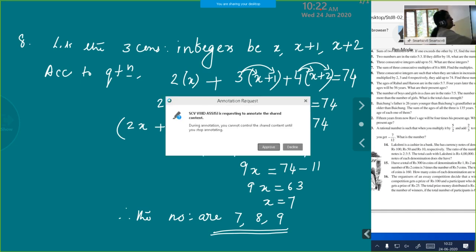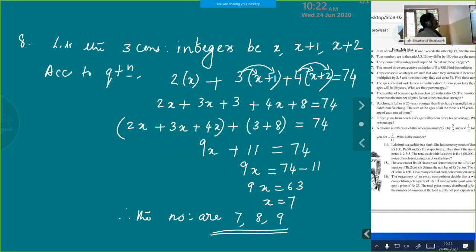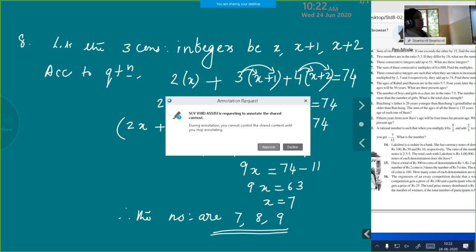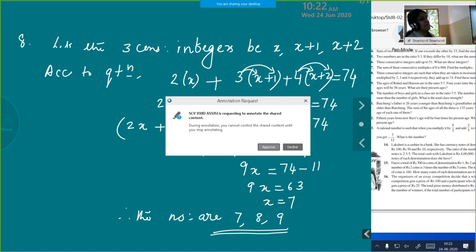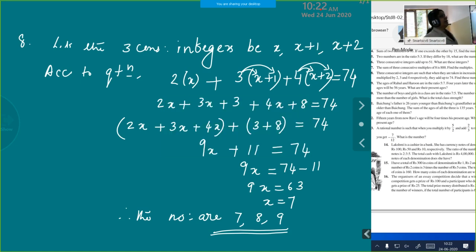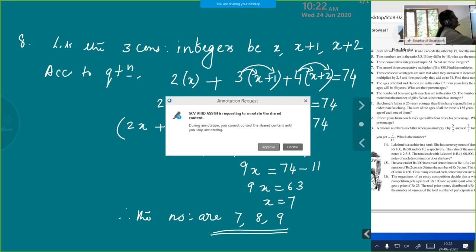I repeat the steps again. Three consecutive integers, after multiplying with 2, 3, 4, add up to 74. So we assumed the consecutive integers as x, x plus 1, x plus 2.